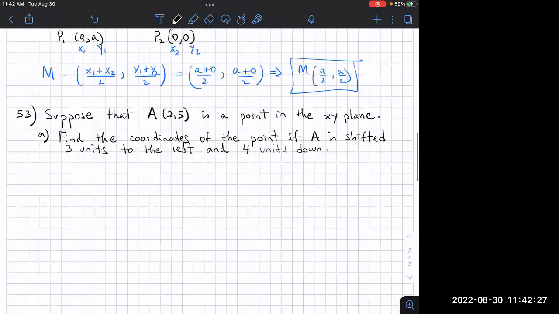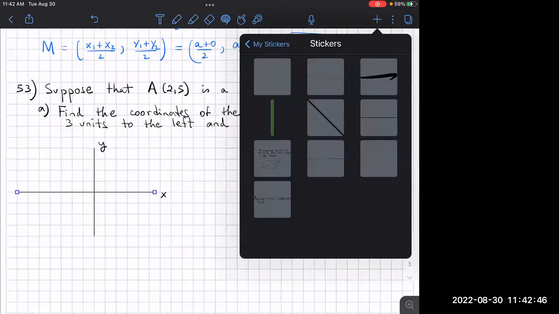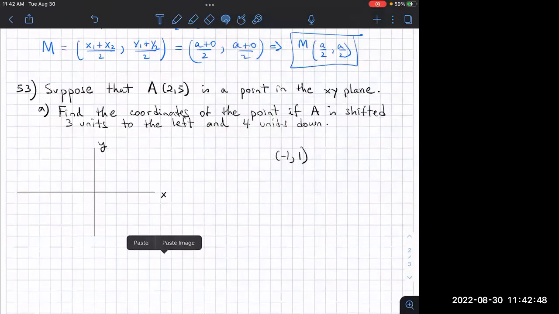Okay. Can anybody give me an answer right now? Yes, it's going to be -1 and 1. Okay, would you like to tell us how you got there? I took the x, which is 2. I deducted 3 units, so it's 2 minus 3, and then the 5 is going to be minus 4.